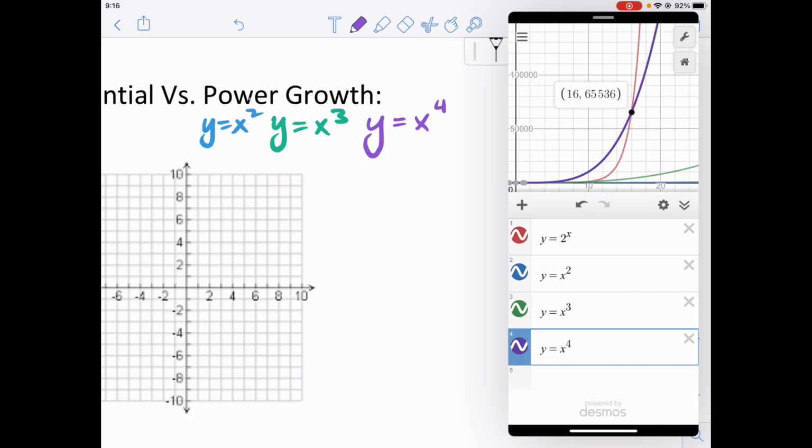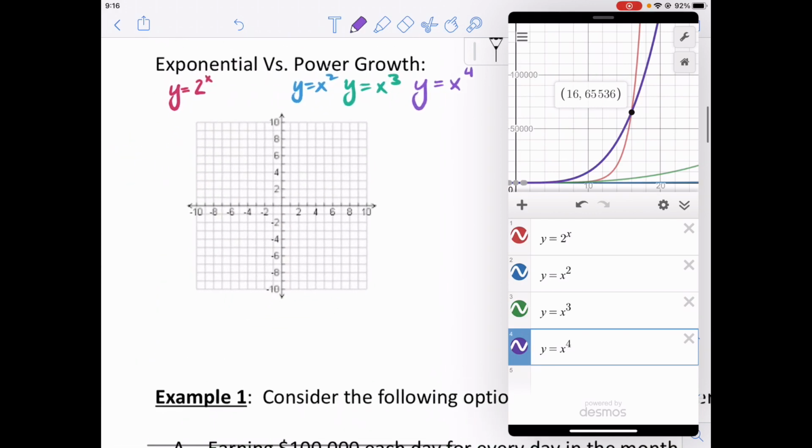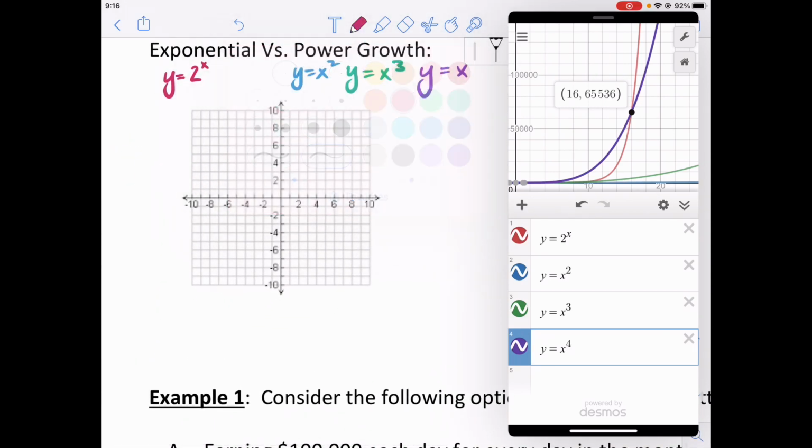And by faster, I mean it's getting taller. Like our y value is getting bigger faster. And so our exponential growth is actually going to be faster than any polynomial or power growth.